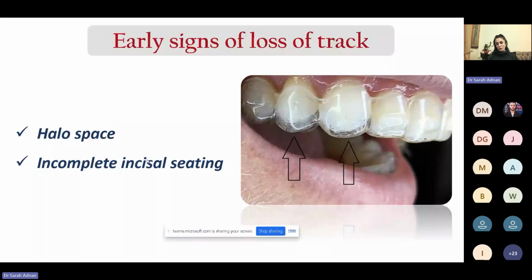If it's a seating issue, you should instruct your patient to use the chewies. Chewies are not just a tool in the aligner box. They are essential tools and they play an important role in attachment seating and in aligner seating. If it's an error in attachment design, or attachment loss or wearing of the attachment, you should correct that from the beginning. So all these points should be carefully noticed.